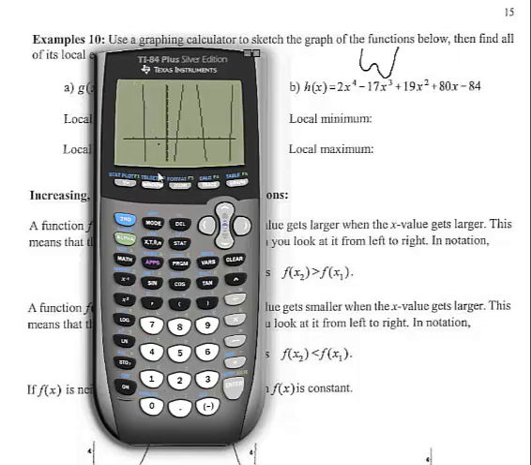Okay, and so we can't see the tips of these curves for the W, but we pretty much see all of the edges. I am simply going to zoom out.